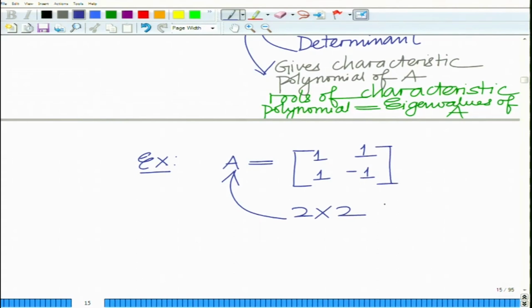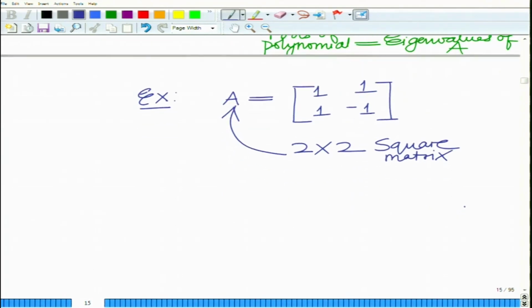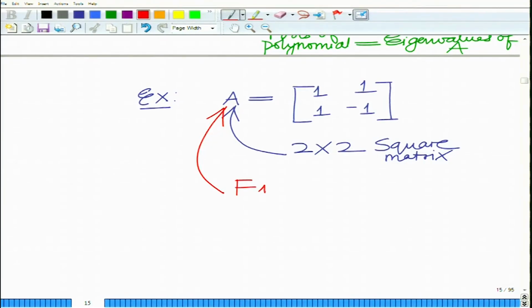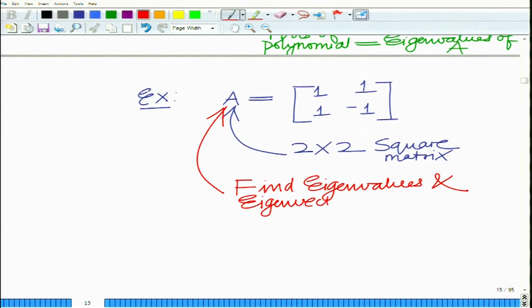So, this is a square matrix A. And now we want to find the eigenvalues and also the corresponding eigenvectors for this given 2 cross 2 matrix A. So, find the eigenvalues and the eigenvectors of A.